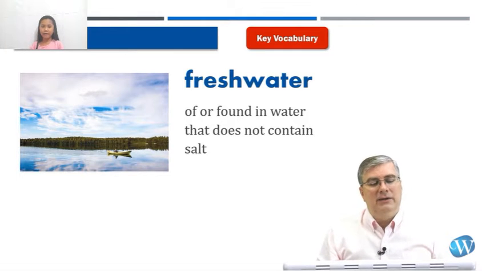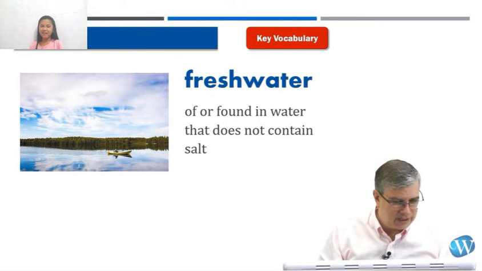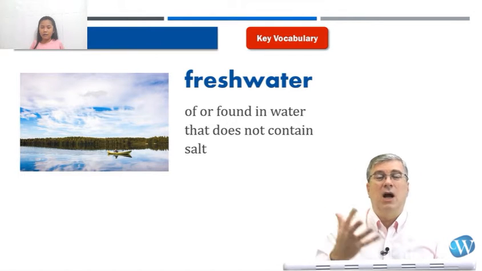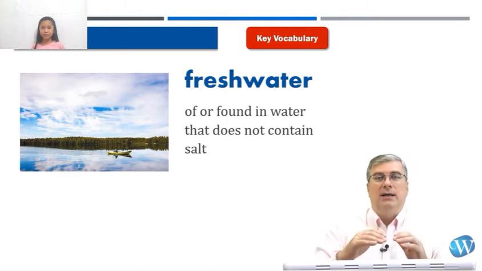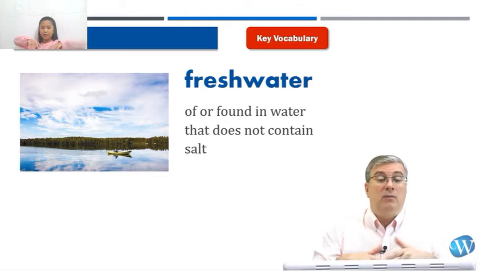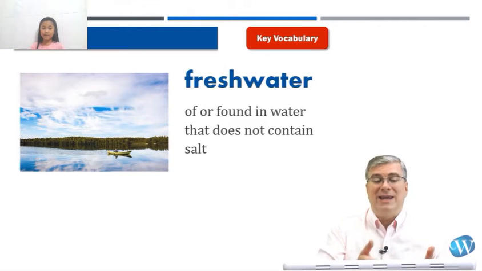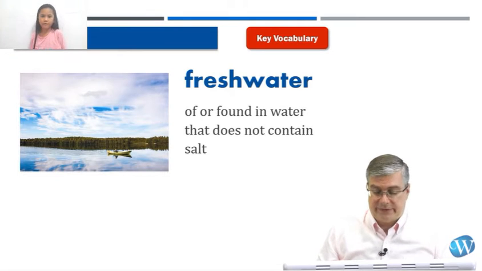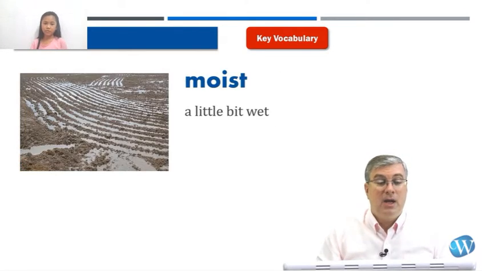I can see a picture here of a man in a canoe or kayak, and he's paddling, right? Fresh water can also come from rain. It's like a lake, where there's a part of water and the land surrounds that part of water. Those areas have fresh water, okay?